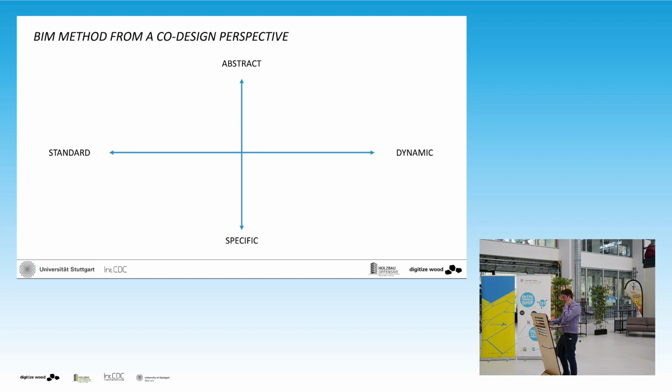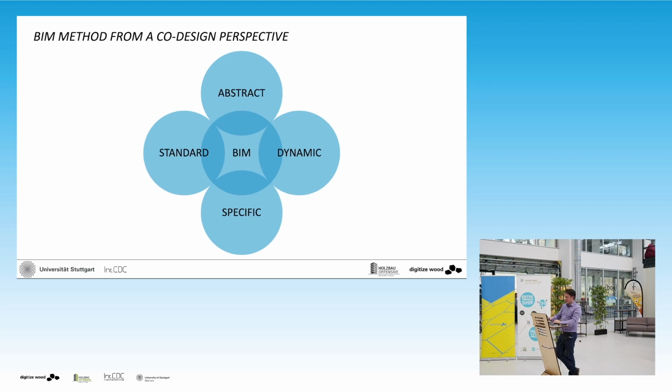So if we look at BIM with a method of co-design, maybe you can also say if this is not the right case, but it's just a try. When we see BIM coming from an abstract data model, where the focus is to be very standardized, we also have a need for dynamic and specific aspects, and so we try to find a way in between.